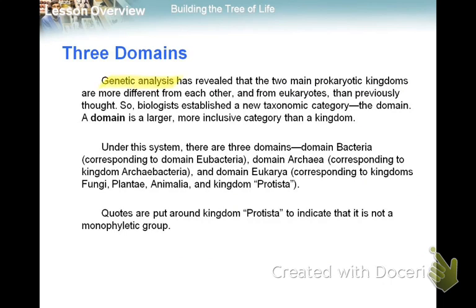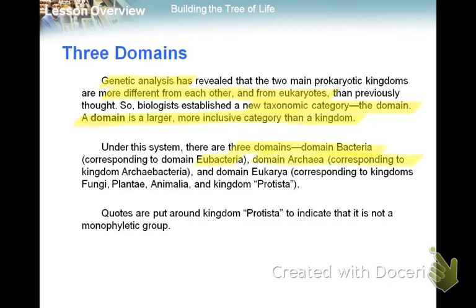Genetic analysis has shown that the 2 prokaryotic kingdoms are more different from each other and from eukaryotes than they thought. So there's a new category, a broader one called the domain, a more inclusive category than a kingdom. So there are 3 domains: domain Bacteria, and that should say kingdom Eubacteria, not domain.